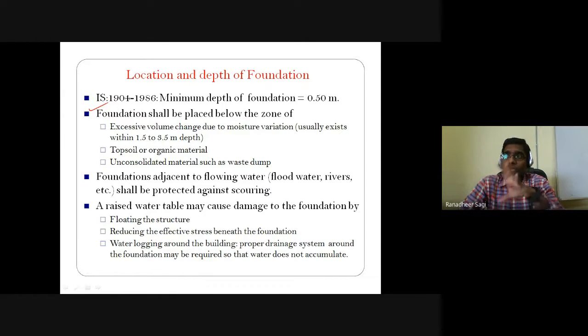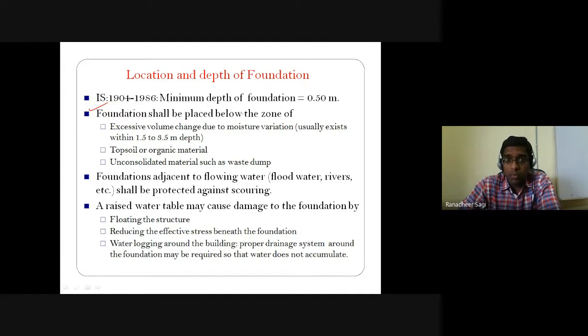It's not that if I satisfy the minimum depth of 0.5 meters, I can go on to construct my foundation. It's not that. You should also take care of various other aspects, such as whether there is any problematic soil existing in the zone where I am constructing my foundation, and whether there is any fluctuation of the water table which is affecting the foundation. All those aspects are also to be taken care of.